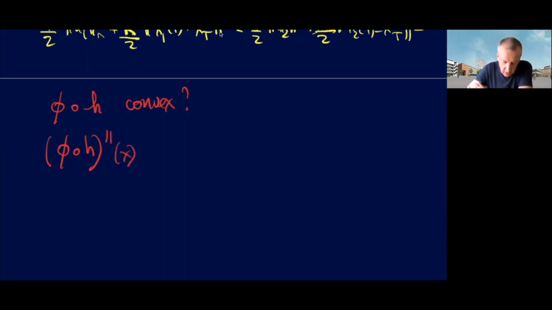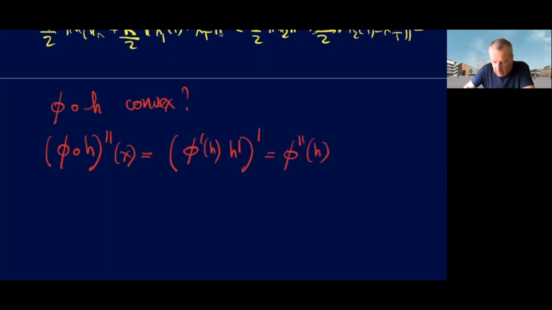So what is the second derivative of phi composed with h? It will be the derivative of the first derivative. The first derivative is phi prime of h times h prime. And when I take the second derivative, I will get phi double prime of h times h prime squared plus phi prime of h times h double prime.